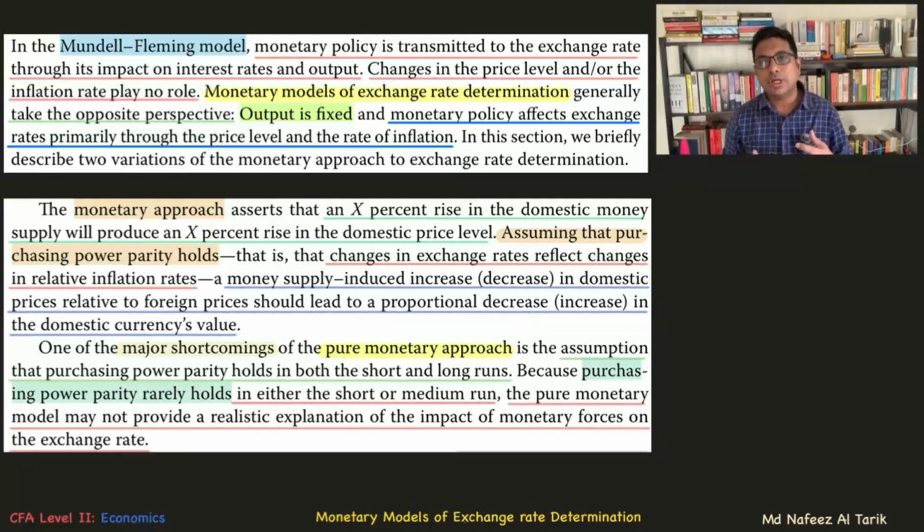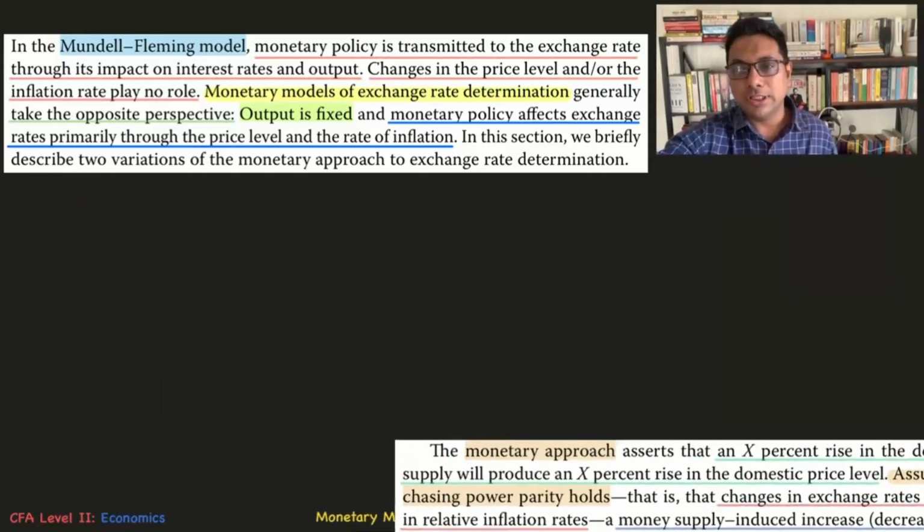The pure monetary model assumes that purchasing power parity holds in both the short run and the long run. But in reality, in the short run, purchasing power parity rarely holds, though in the long run it might hold. So it may not give a realistic explanation of the impact of monetary forces on the exchange rates.